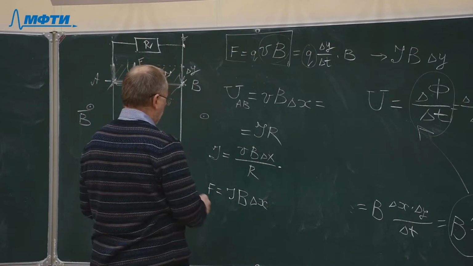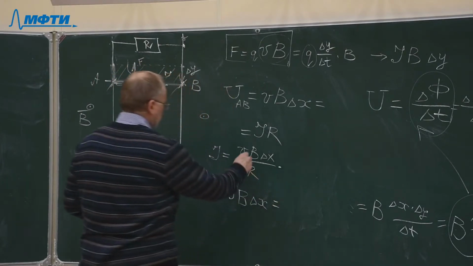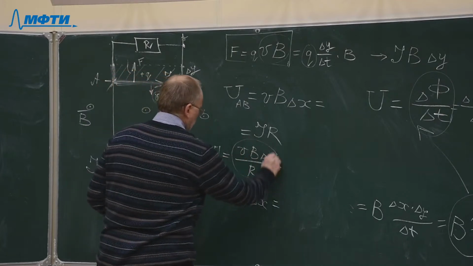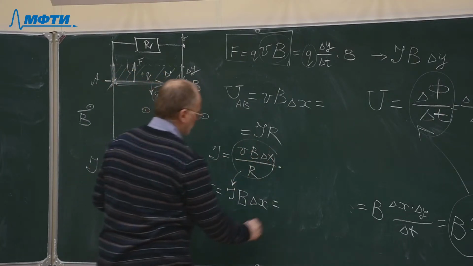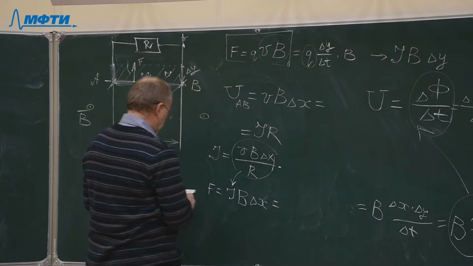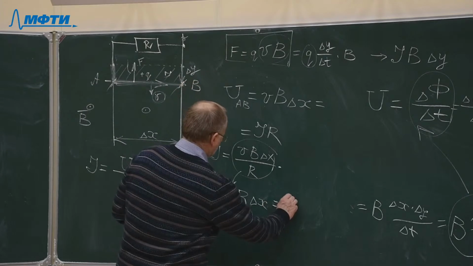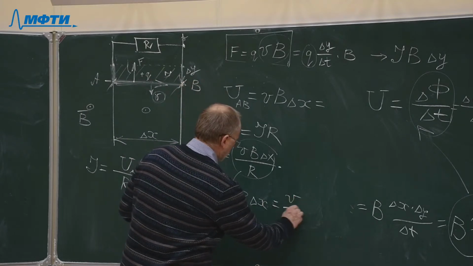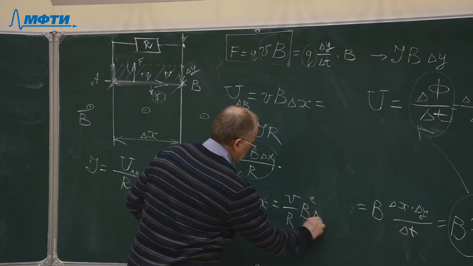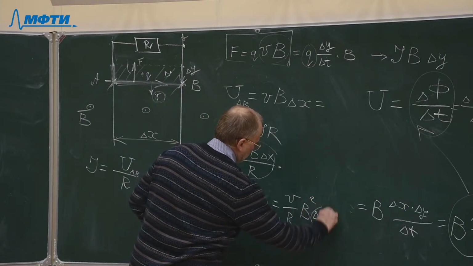And so if we substitute here this expression for the current, we obtain that that will be V divided by R, and then B squared delta x squared.